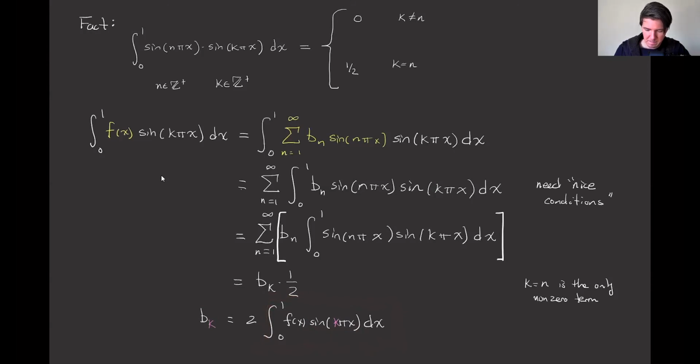As an example, let's say that we wanted to write the function f of x is equal to 5 as a Fourier sine series. Now, 5 is pretty simple as a function.